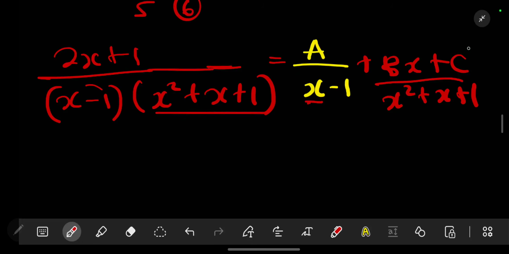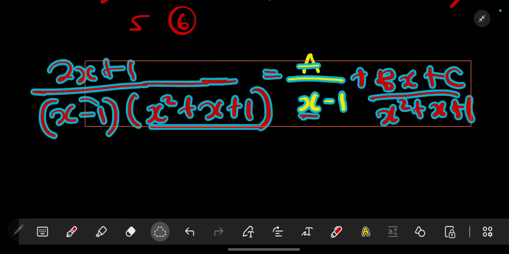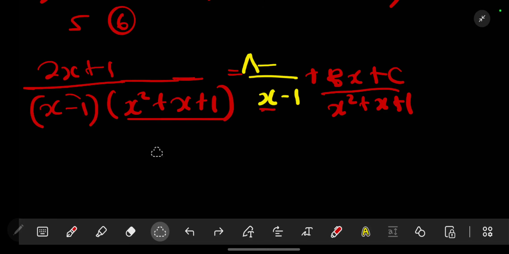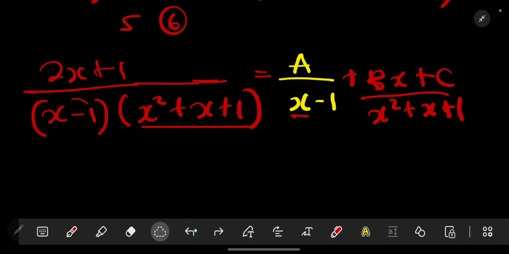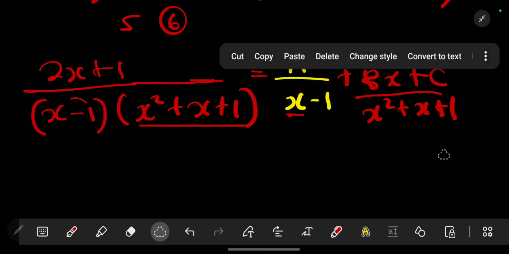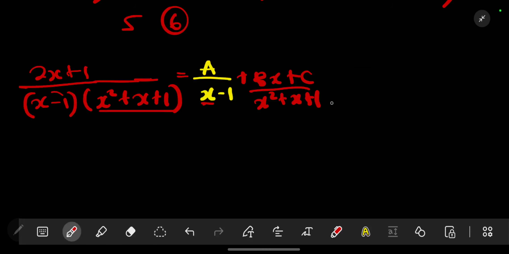So after doing that, we are going to multiply. So let me just reduce the font size of this. So we are going to have something like this.